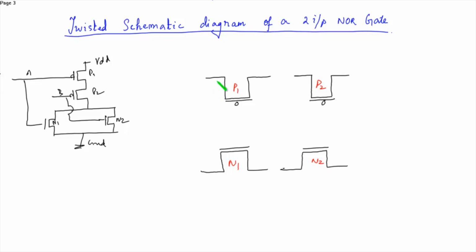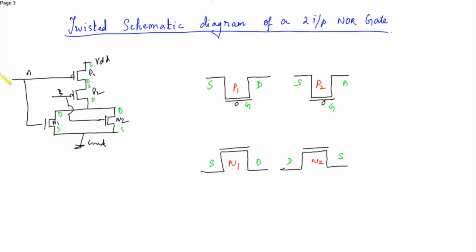This is the source of P1. This is the drain. We have the source, drain, source, and drain. These are the gate terminals. Similarly, this is the drain and source for the NMOS.